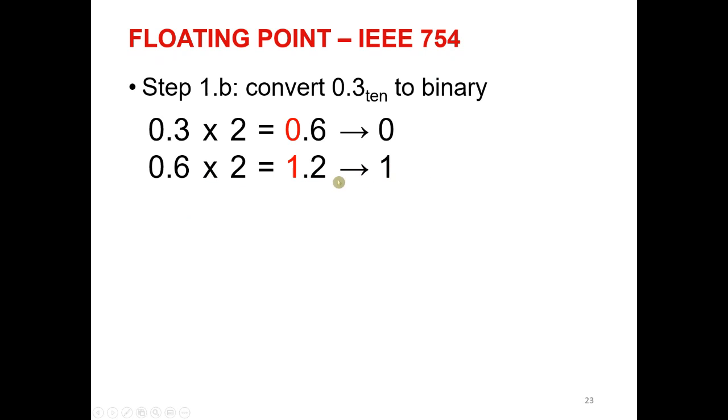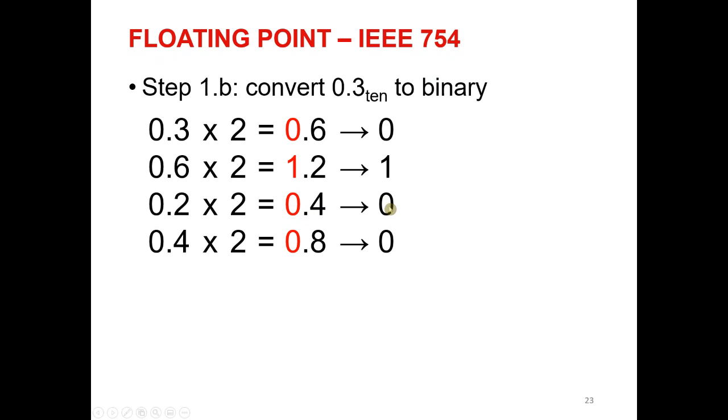We conserve the 1 and the 0.2 we pass to the next iteration and we do 0.2 multiplied by 2, it's equal to 0.4. I have the 0 here, I put the 4 in the next iteration, I multiply again by 2, this gives me 0.8. Again, we have a 0 before the point, which is the value I conserve. Then the 8 goes to the next iteration, I multiply it by 2, I get 1.6.